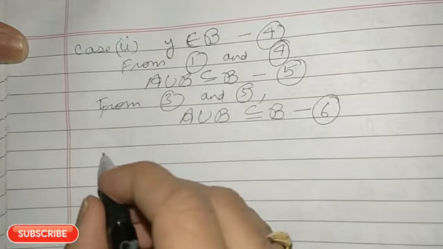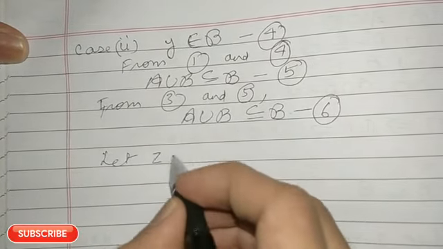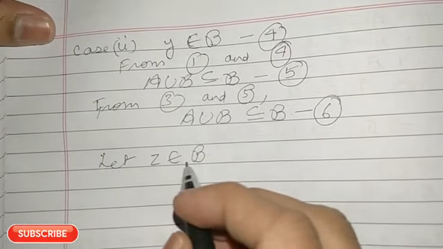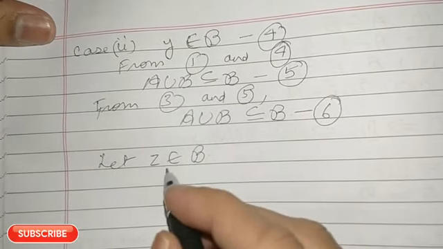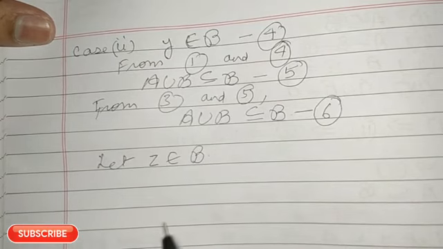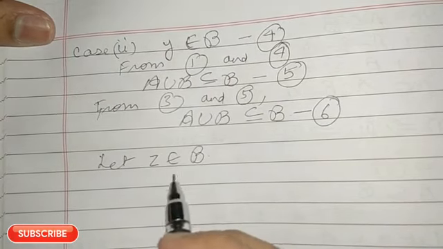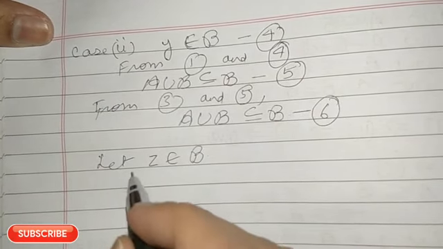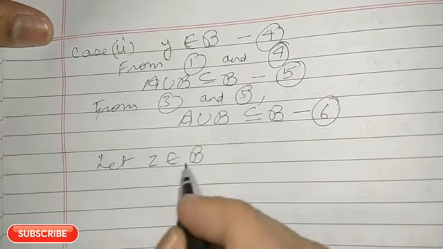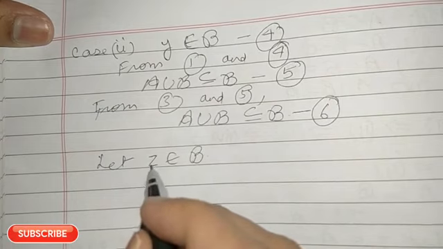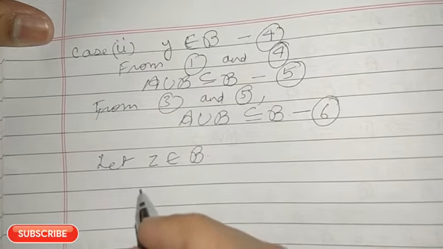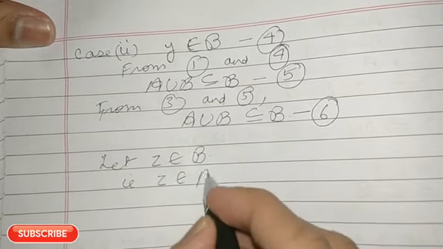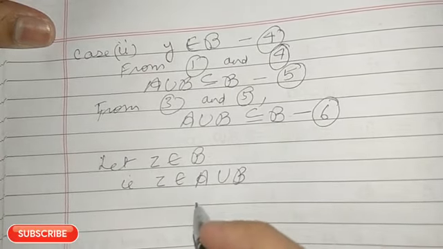So what is that? You consider any element Z in the set B, okay, and prove that this element Z is in the set A union B, right? So what we will get is B is a subset of A union B, okay? So now I have considered an element Z belongs to B, okay? Now that is Z belongs to A union B, right?